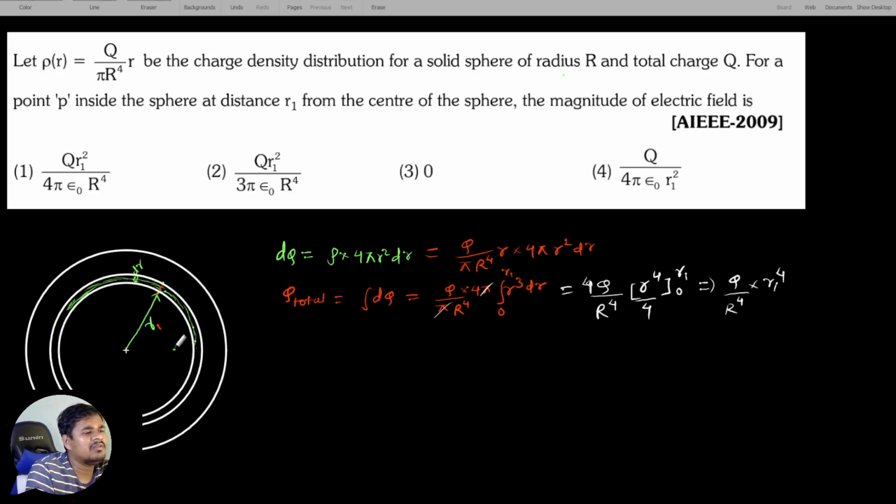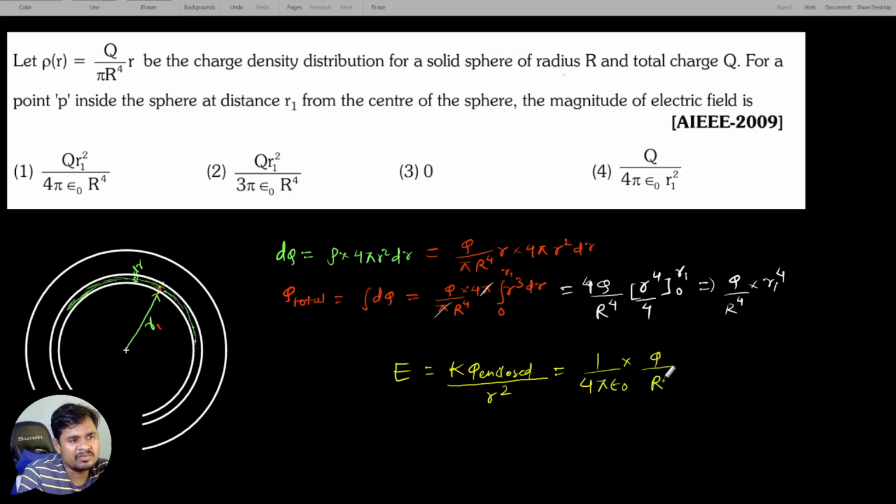Now once we have the value of q enclosed, we can easily calculate the electric field at this position at distance r1 from the center. So E I will be writing as k q enclosed by r square. The electric field we will get here, k will be written as 1 upon 4 pi epsilon naught, and q enclosed is q by R raised to the power 4 times r1 raised to the power 4, divided by r1 square.